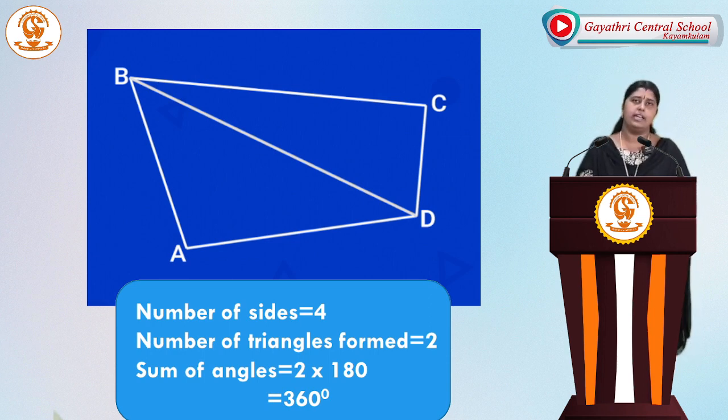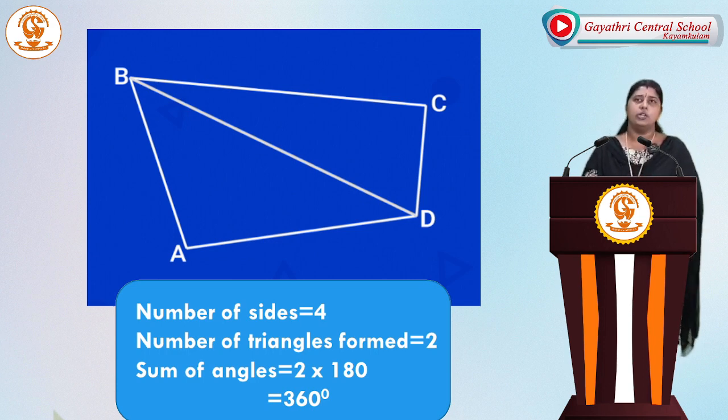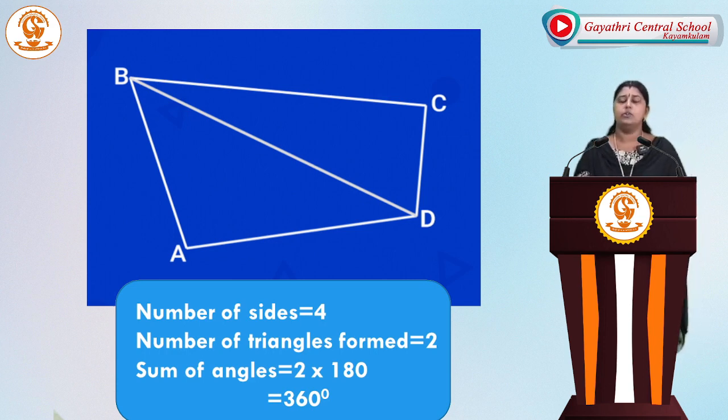Then the sum of these four angles: in one triangle the sum of angles is 180 degrees. So in two triangles, what will be the sum? It is 2 into 180, which is 360 degrees. Very good.